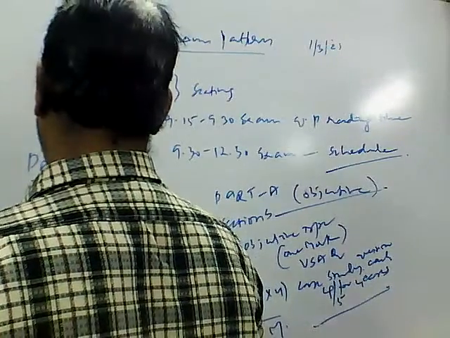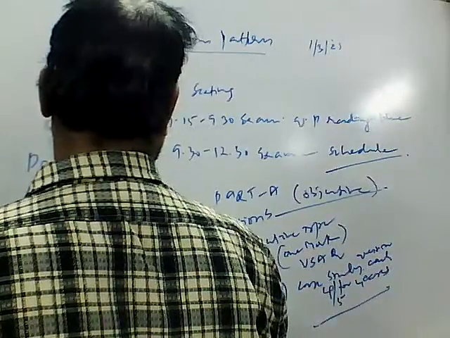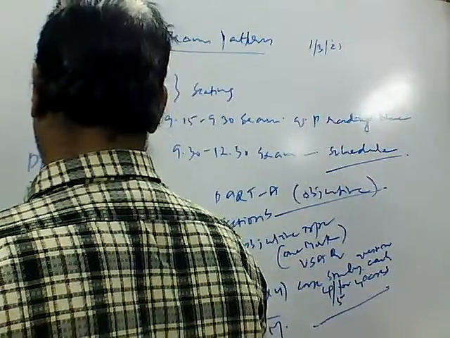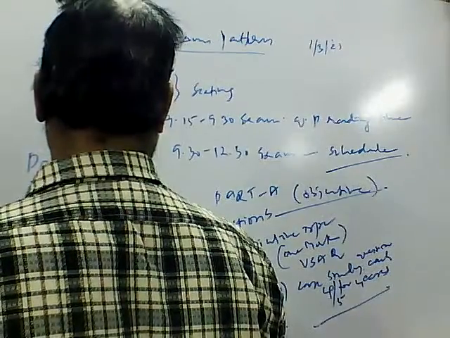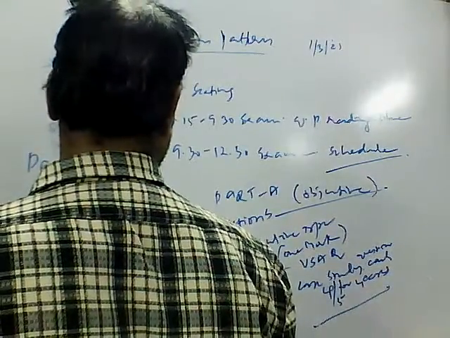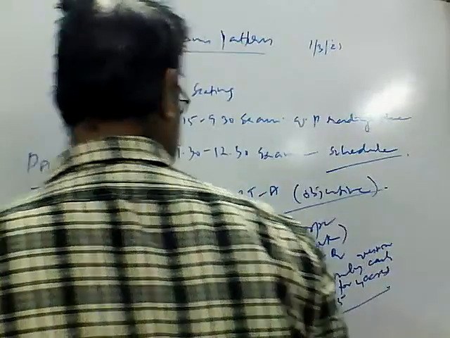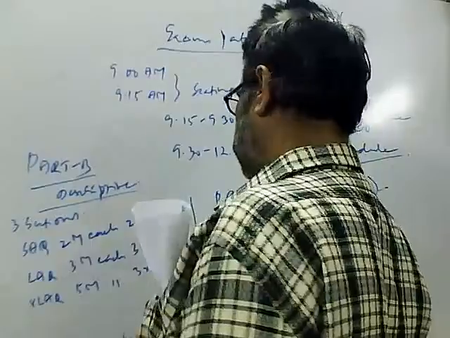Then long answer questions, 3 marks each, 3 into 7, 21, and very long answer questions, 5 marks each, and 5 marks questions are 15. Totally this is 48. So this is 32, this is 48, together total is 80.